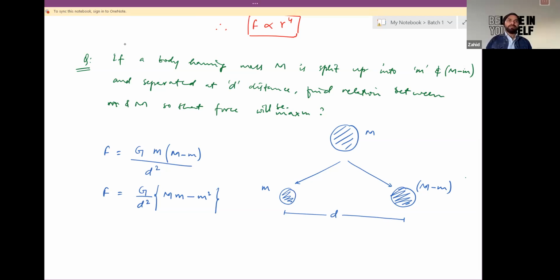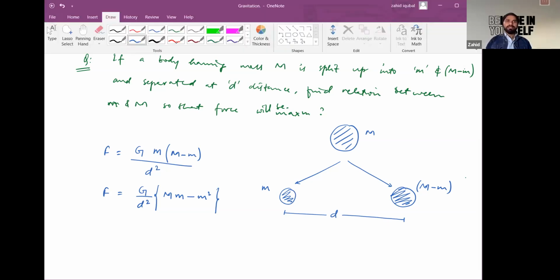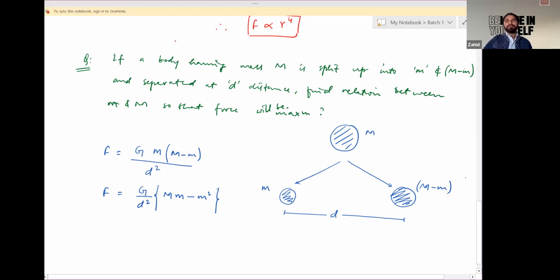I explained in the calculus part, for differentiation and integration, how to find the maximum or minimum of a function. Khalid, do you have any idea how to get the maxima or minima of a function?